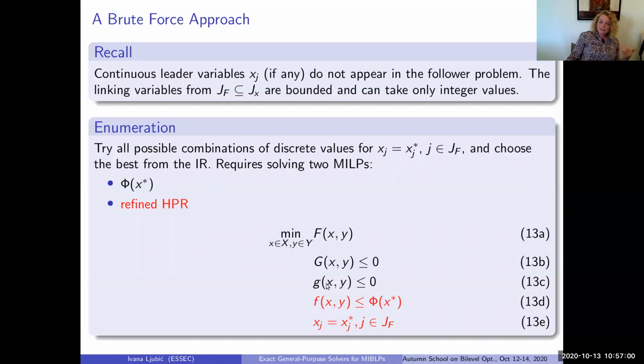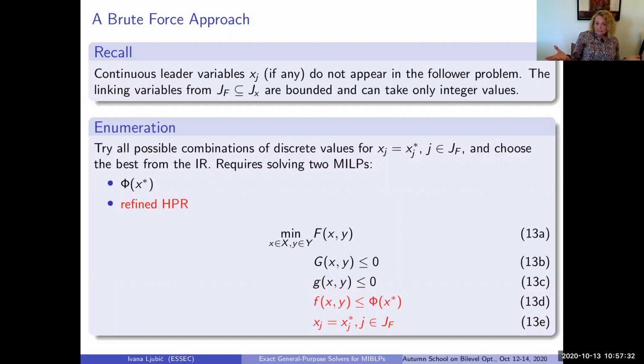And so by doing that, we have an optimal solution for the leader in which all the coordinates from the set JF were fixed to x star. And now, by making different choices of x star and enumerating all of them in a finite number of steps, in each step I have to solve these two MILPs, I will be able to find the optimal solution.